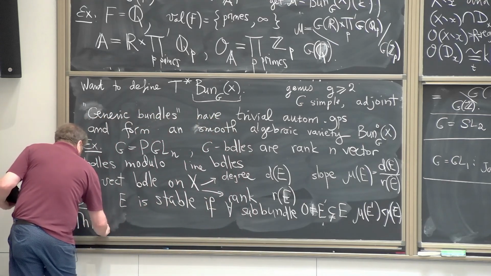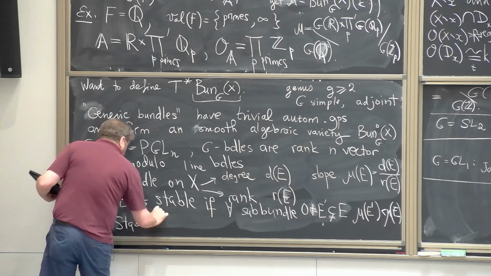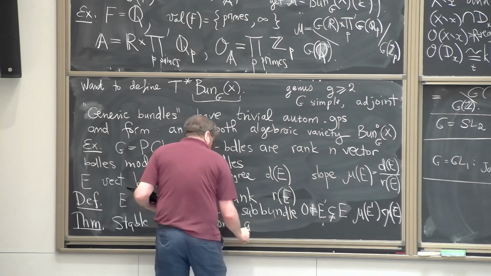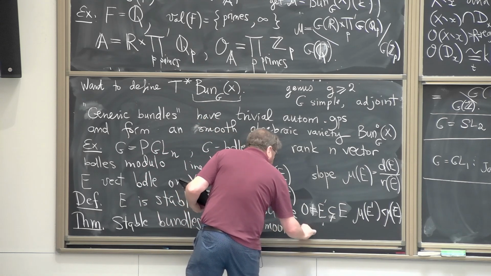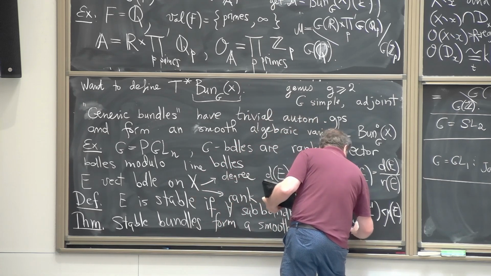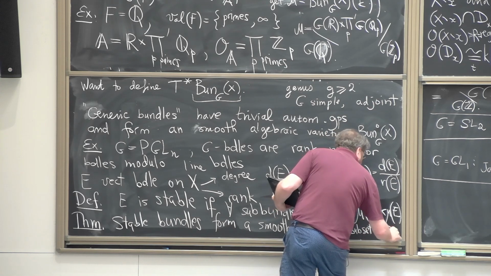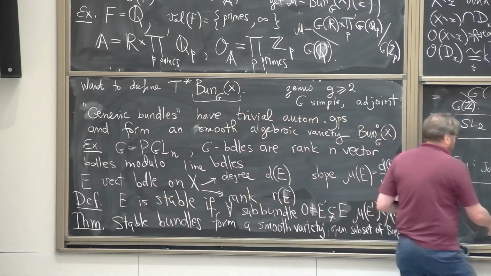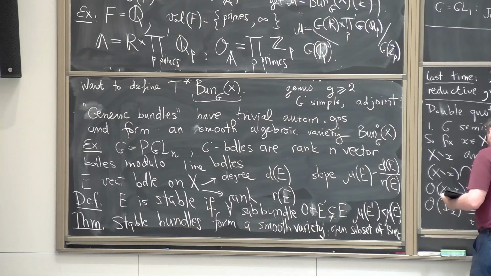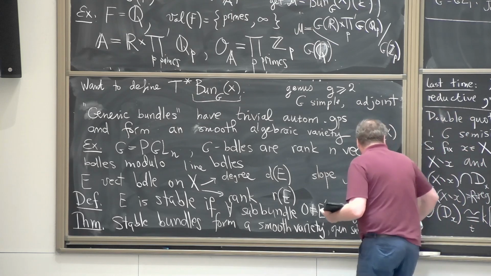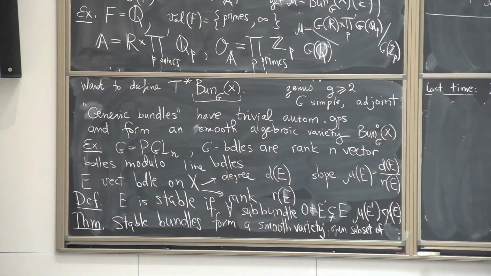So the theorem is that stable bundles form a smooth variety which is an open subset of Bun_G. PGL_N bundles, yes. And they have trivial automorphisms.